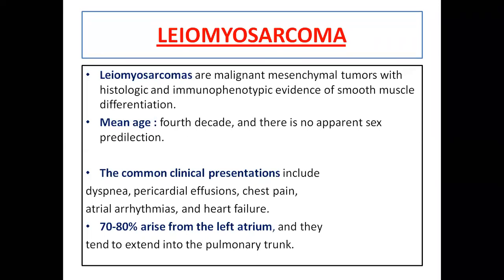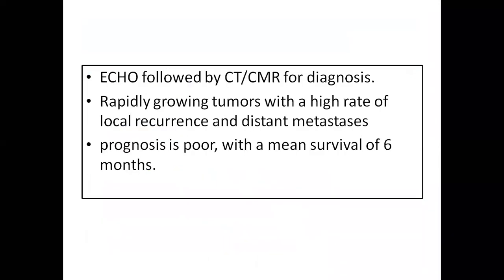Up to 80% arise from the left atrium, and they tend to extend into the pulmonary trunk. Echo followed by CT or MRI is used for diagnosis. It is a rapidly growing tumor with a high rate of local recurrence and distant metastasis. The same thing, poor prognosis, with a mean survival of 6 months.